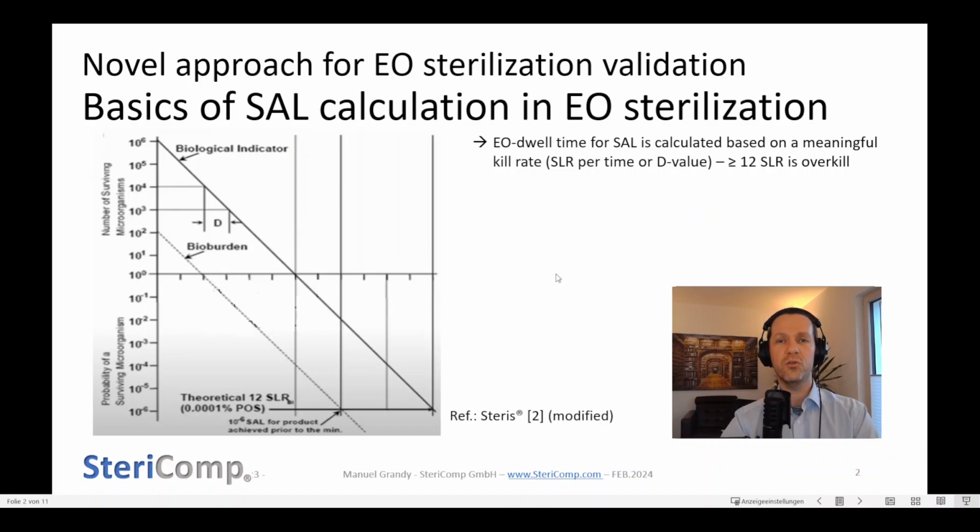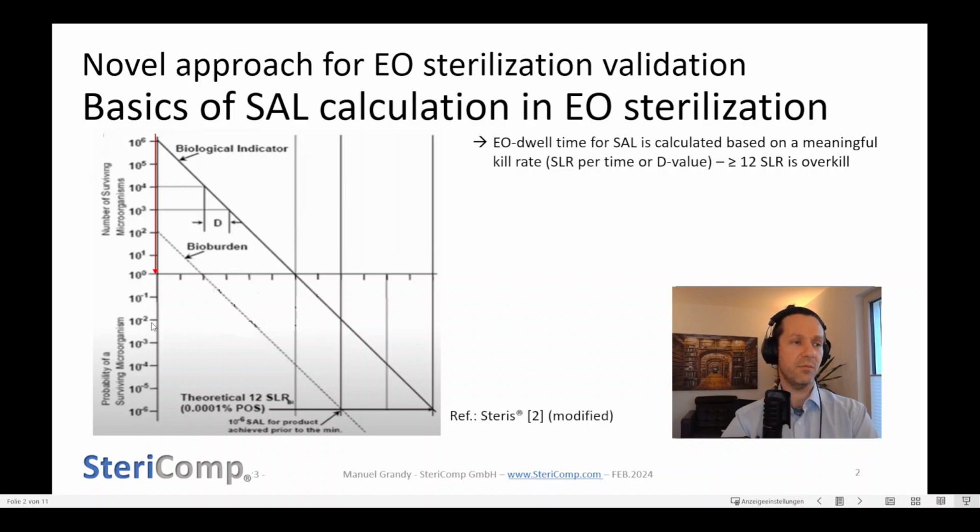So now you have two ways to establish this kill rate, or two test sets, let's say. One is to show a total kill of a certain biological burden. So here, for example, a BI of 10 to the 6. And if you show total kill, you demonstrated a spore log reduction of 6.